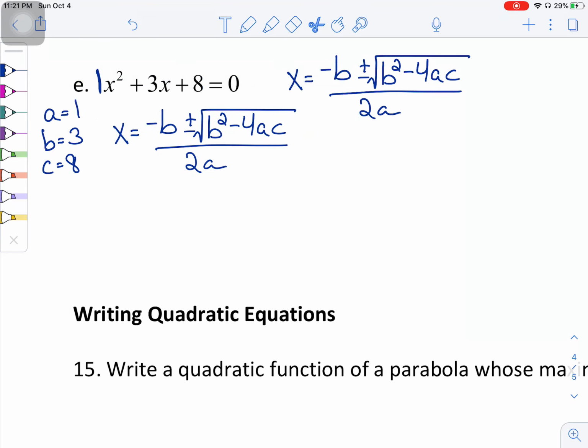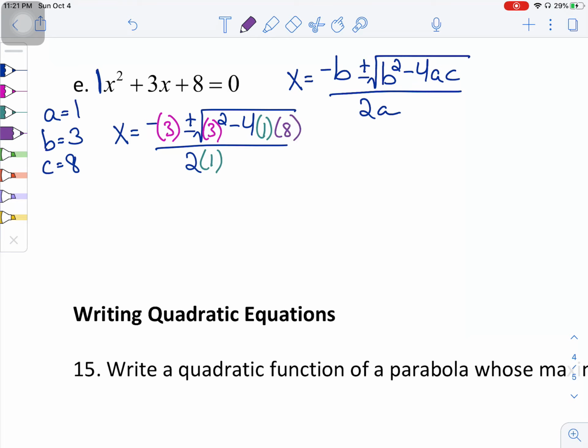It's a big substitution problem. So anywhere I have the B values, I am going to replace them with 3s, and yes, I'm using the parentheses. Anywhere I have A values, I'm going to replace those with 1s, and the lonely C that I have gets replaced with an 8.